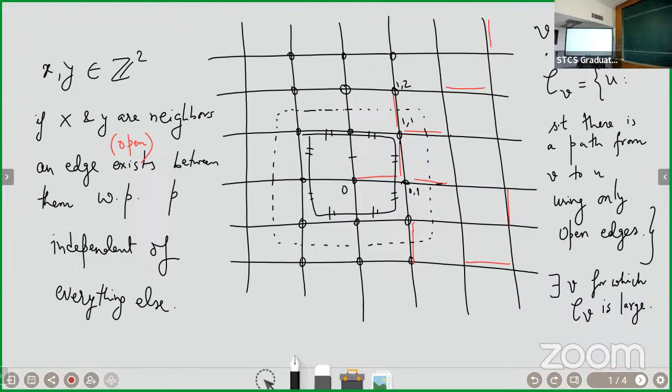So it is possible to have no such box and also not have percolation. How is it possible? Your boxes are all... No, we'll not restrict ourselves to only square boxes, but rectangles, all possible circuits. That's why we use the word circuit. But the basic idea should be there.